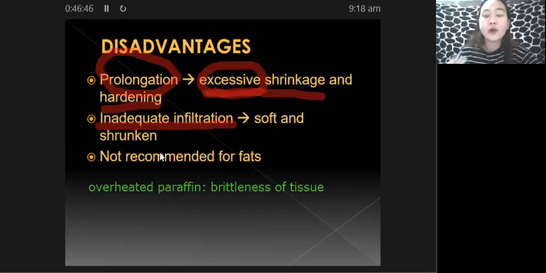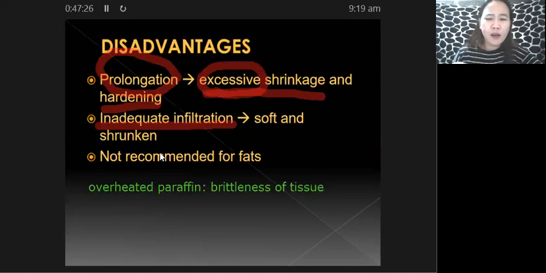All right. So what is the matter? Okay, what is the matter? Or what makes your tissue sample soft and shrunken if there is inadequate infiltration? Okay. Remember, one of the purposes of infiltration is to completely remove your clearing agent, so that the paraffin, which is supposed to penetrate and fill the different cavities, the different spaces in your tissue sample, di ba?